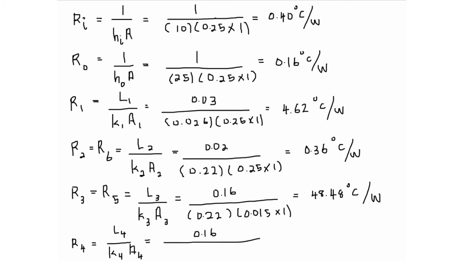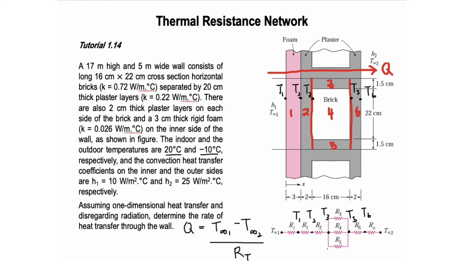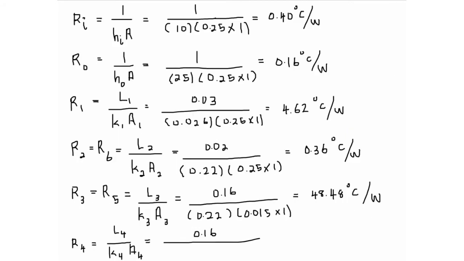Now take a look at the K for brick. It's 0.72. Okay, take a look at the height.